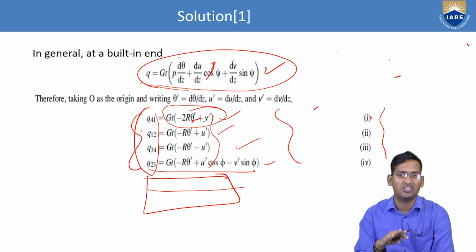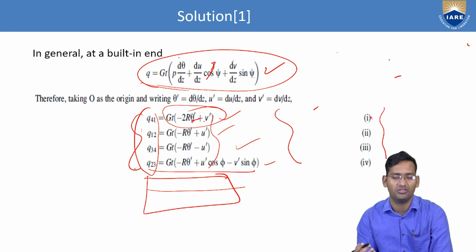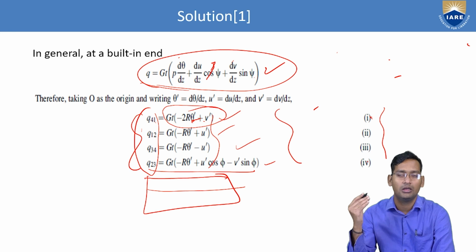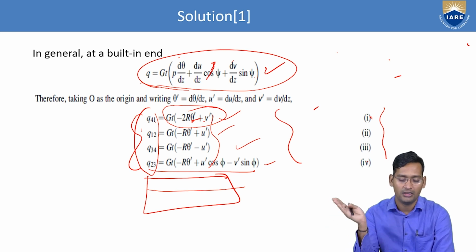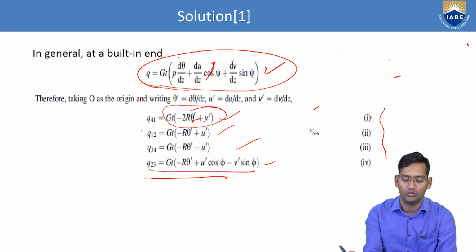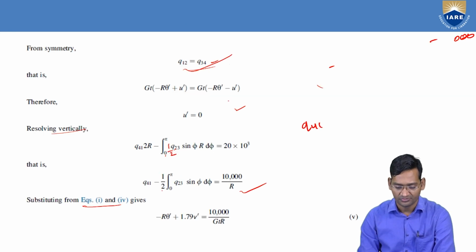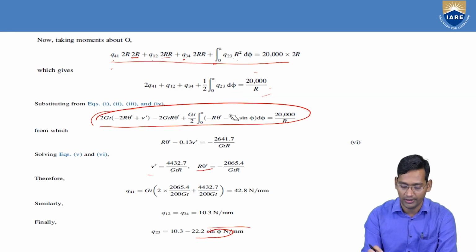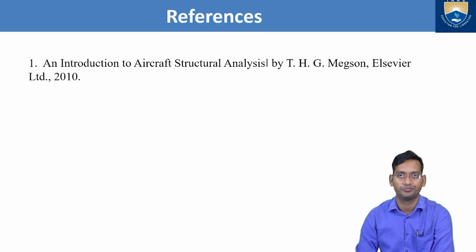Again, in those 3 equations, replace all the Q41 and so on, whatever the shear force is, to get them in terms of U dash, V dash, theta dash. Solve, and come back and substitute in this one, and you will get the shear stress distribution along that particular wall. So after solving here, Q23, Q34, all the answers are there.